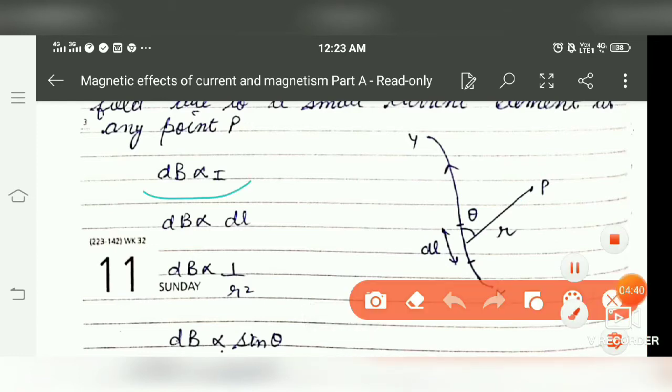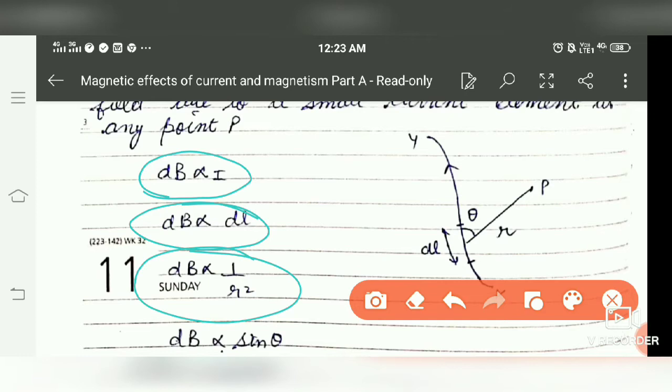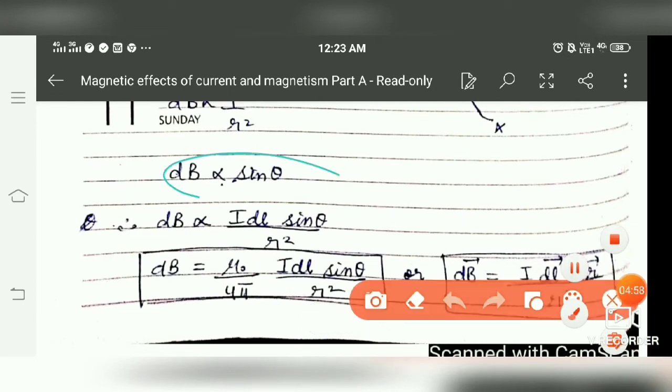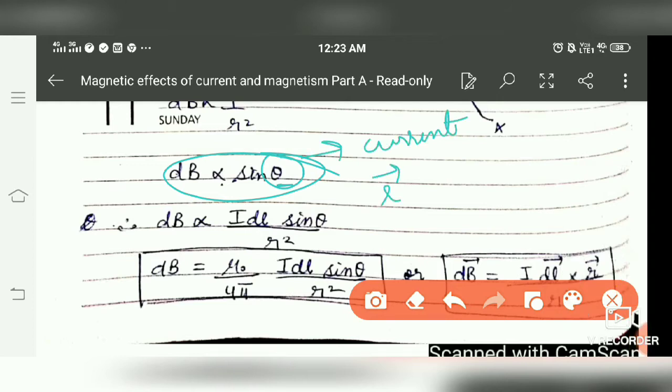Biot-Savart law states that dB is directly proportional to current. More the current, more the field. dB is directly proportional to current element. More the length of current element, more is the field. It is inversely proportional to the distance. More the distance, less the field, and it is directly proportional to sine of theta, where theta is the angle between current element I dl and position vector r.